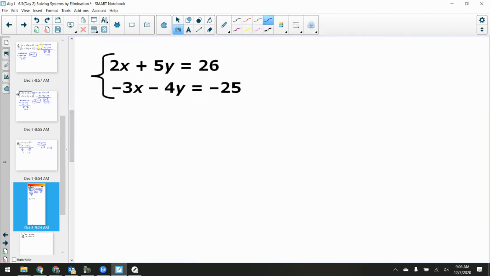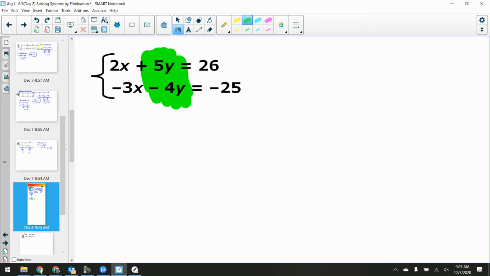What if I wanted to eliminate the y values now? What number would I try to get them to? 20. Positive and negative 20. It's good that the signs are already different. Then one of them doesn't have to be negative. So look for ones that have different signs if I'm going to have to multiply both equations. So I would multiply the top by 4 and the bottom by 5.